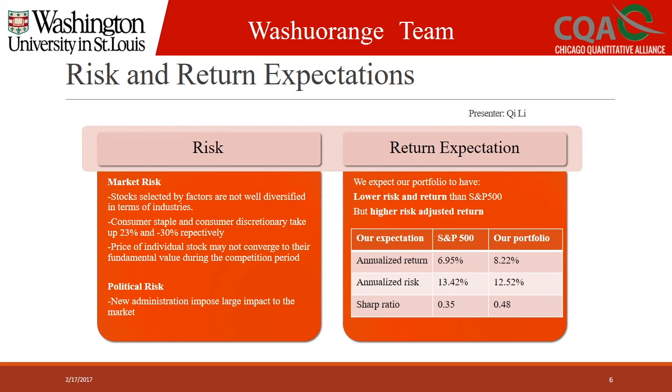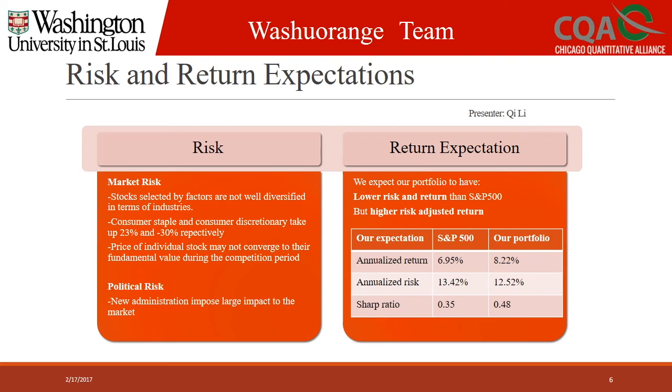When constructing the portfolio, we expect it to outperform the S&P 500. According to past data, we expect the annual return and risk of the S&P 500 to be 6.95% and 13.42%, with a Sharpe ratio of 0.35.